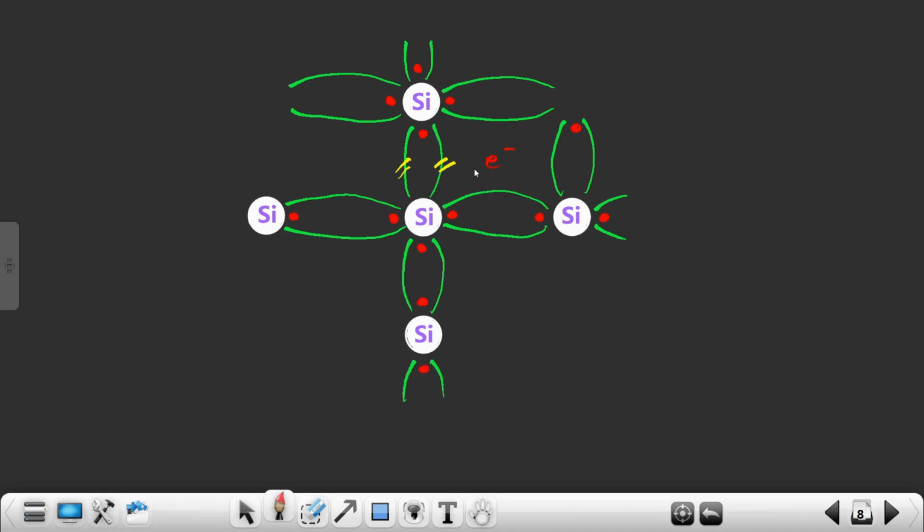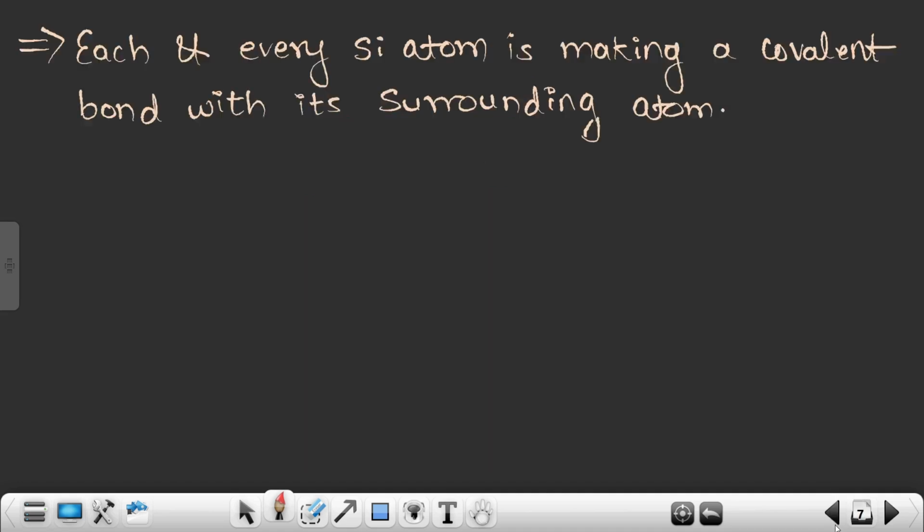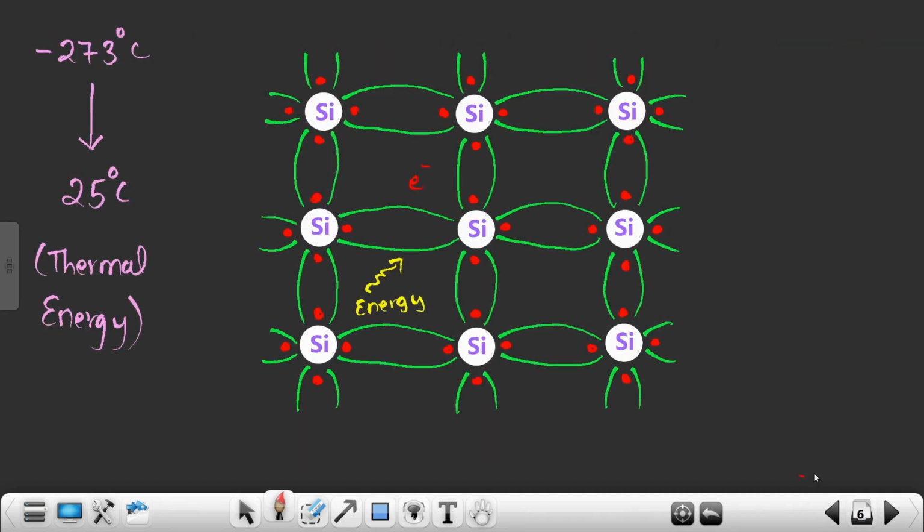I hope you are able to understand this concept. Again, I will repeat, we are moving from absolute zero temperature to room temperature, that is from minus 273 degrees Celsius to 25 degrees Celsius. During this scenario, the electrons involved in the covalent bond will come out, and now these electrons are free to move anywhere.